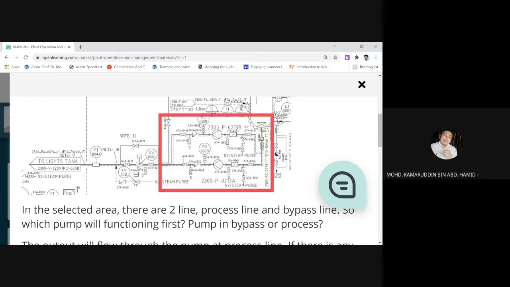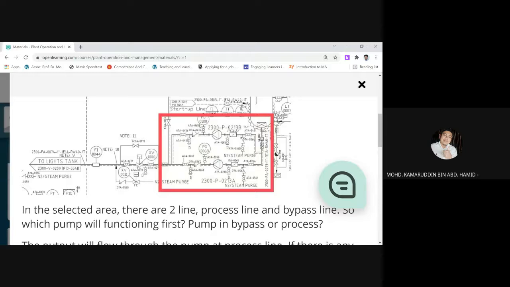Okay, we have these two different pumps. Dia punya numbering pun tak sama. Okay, you ada bypass, ada 110, 110 pula, 1083, whereas the process pump kita ada 0263.